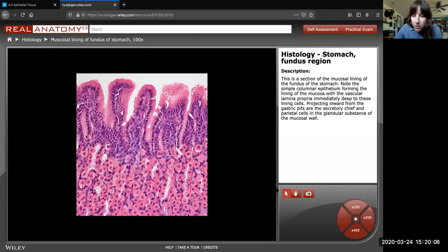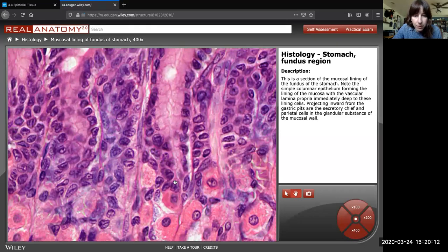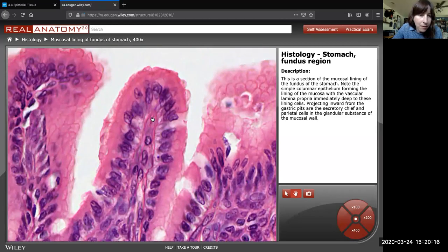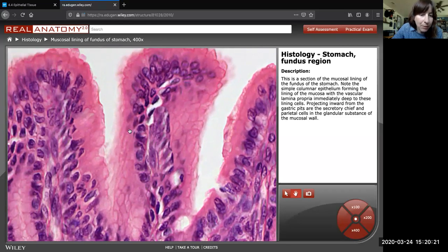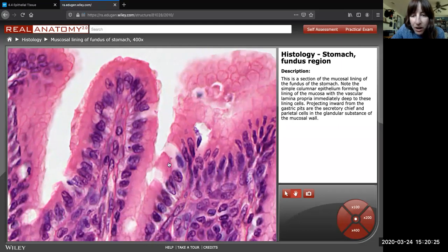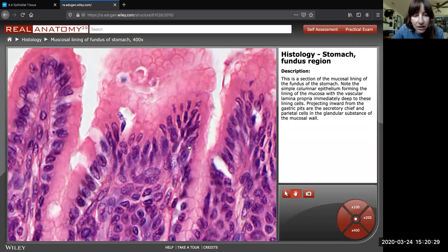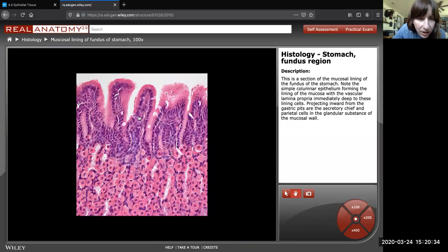Simple columnar epithelium. Oh, you have to select the little hand if you want to move these around. Okay, so yeah, these are okay. I'm okay with this. They're organized a little bit easier, but I just feel like it's not as intuitive based on our lecture notes.